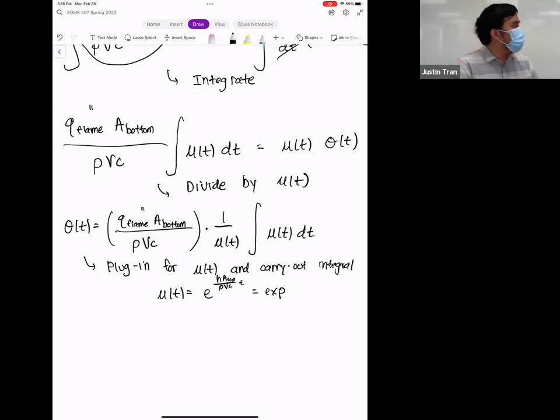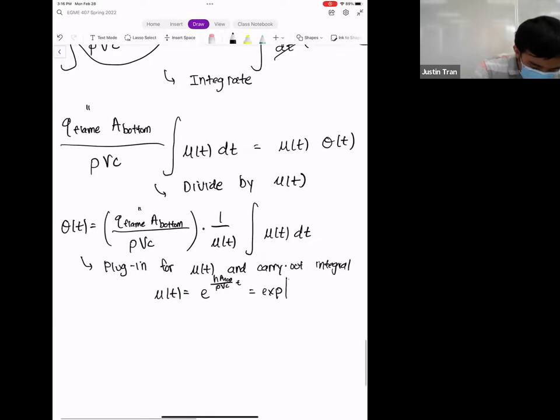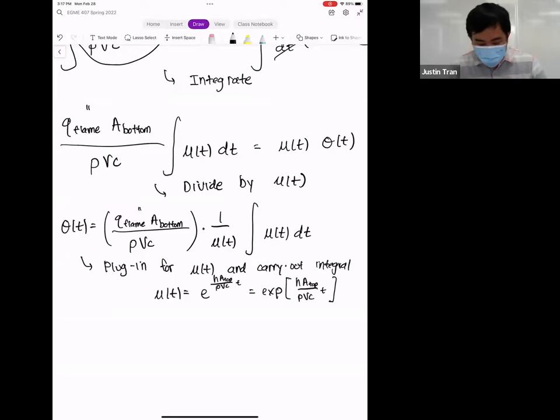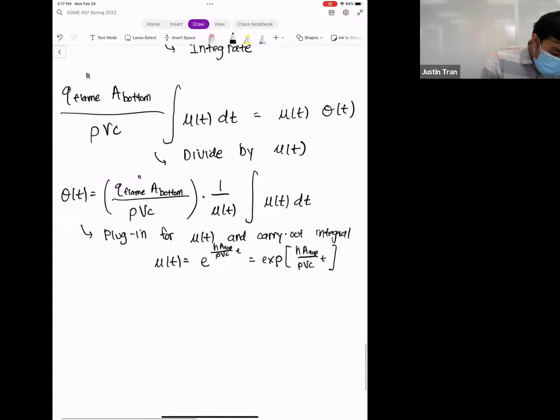Whenever you have e raised to a certain number, you can write exp and then put the exponent inside the parentheses. So exp of h A top over rho V C t is the same thing as e raised to that same quantity.